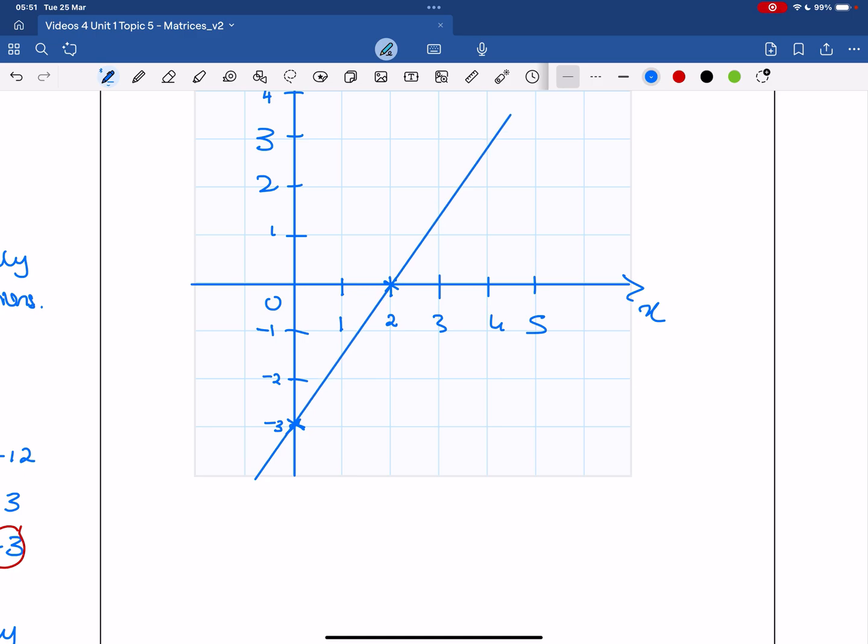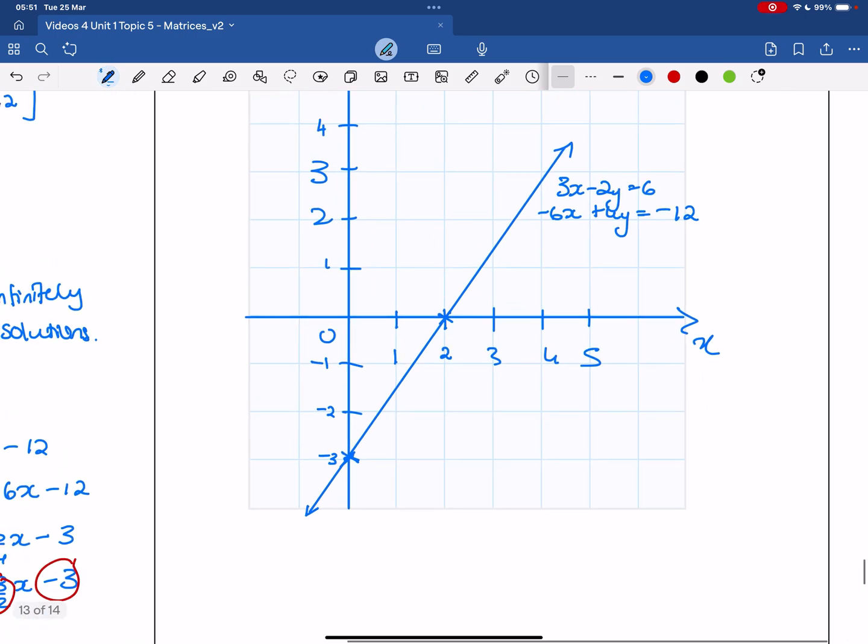And there are my two lines: 3x minus 2y equals 6, and negative 6x plus 4y equals negative 12.